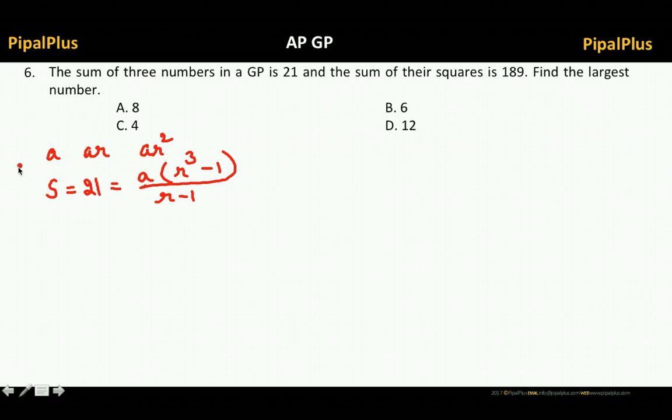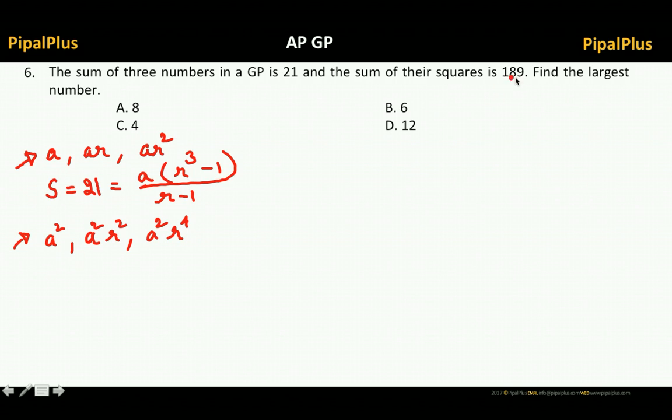Now if the original GP is A, AR, AR square, the new GP is going to be A square, AR whole square, which is A square R square, and AR square whole square, A square R to the power 4. Now please notice that even this is a GP. Okay, so when you add three terms of a GP, you can still apply the same formula.